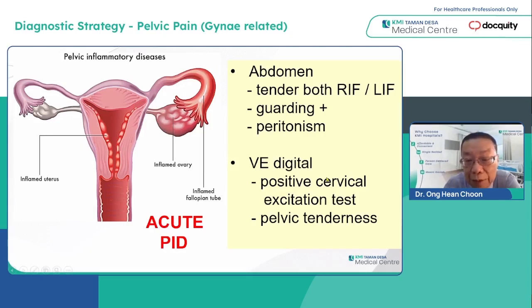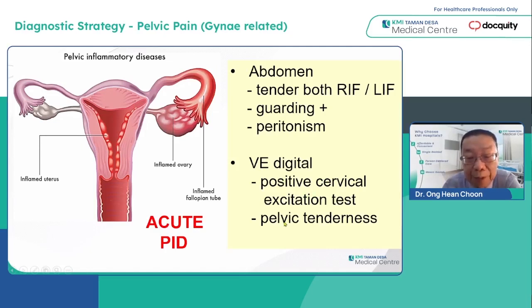We do what we call a cervical excitation test. That means we hold the cervical stump between our two fingers, and then you move the cervix. If the test is positive, you will find tenderness on both sides. So that's called a positive cervical excitation test.